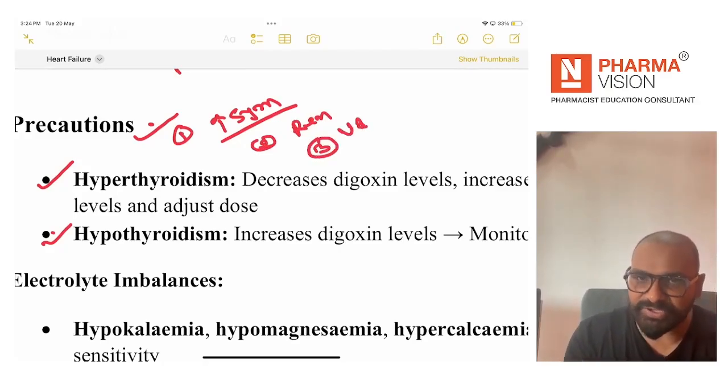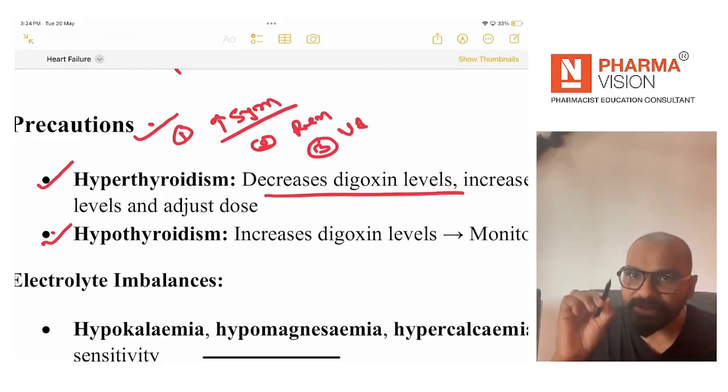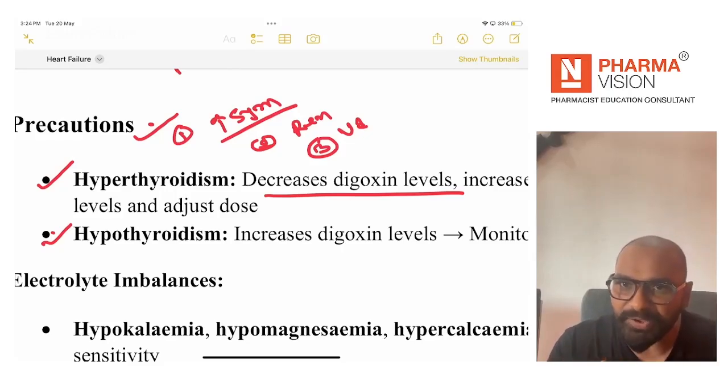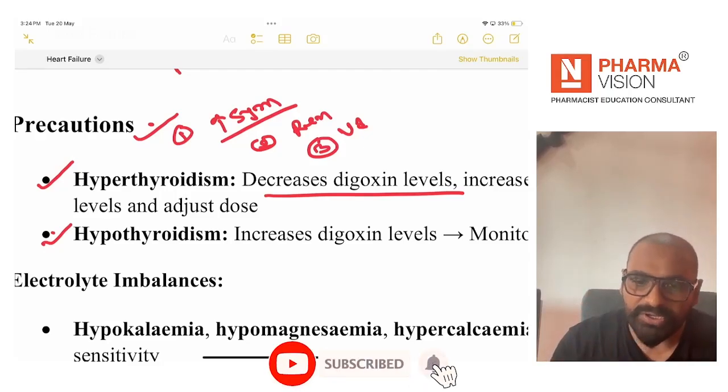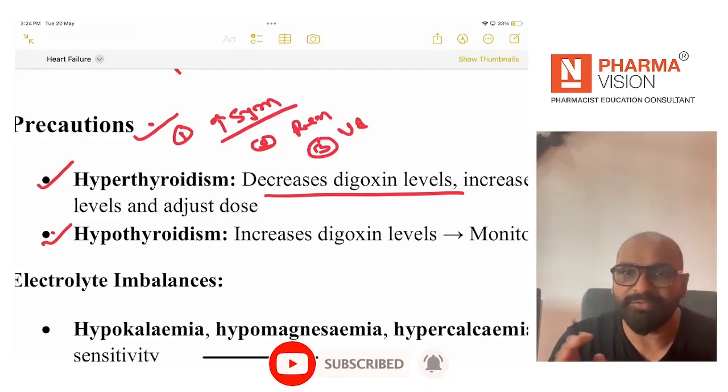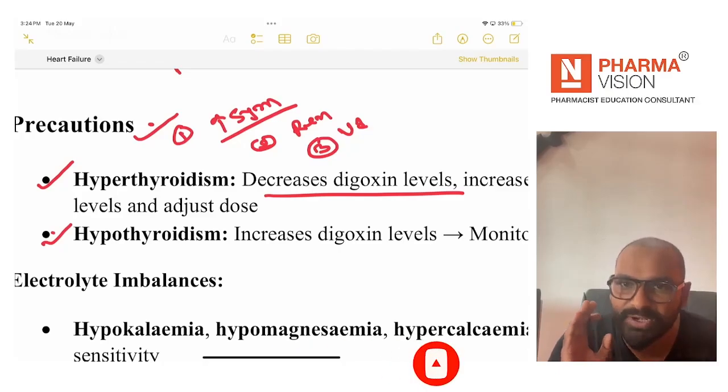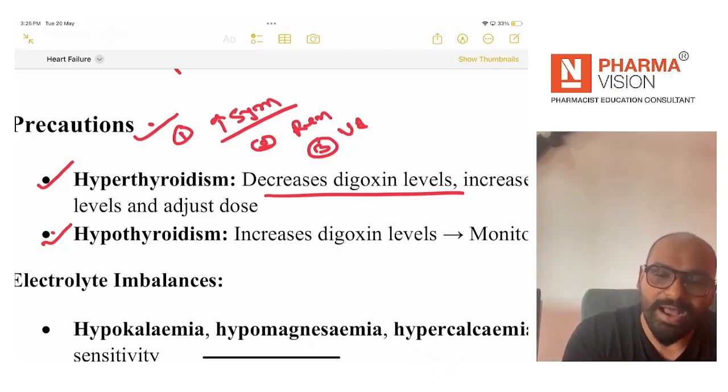All these changes decrease the Digoxin level. So when the patient is suffering from hyperthyroidism, we always have to correct their thyroid function, and based upon that we have to adjust the Digoxin dose. So hyperthyroidism decreases the Digoxin level.